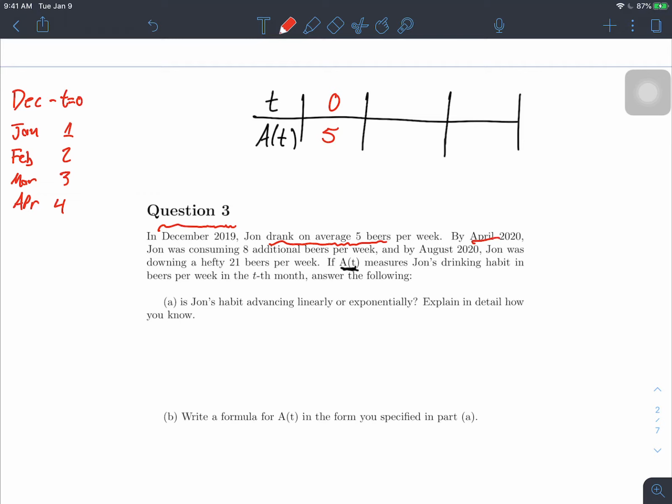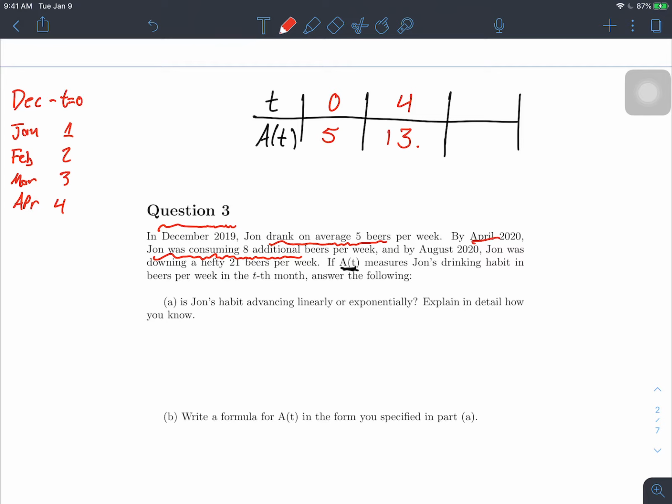So in April of 2020, John was consuming 8 additional beers per week. So t equals 4. If I started drinking 5 beers per week and then later on I'm drinking 8 additional beers per week, then the amount of beers per week that John is drinking in this month will be 5 plus 8, which is 13. Okay, so that's how I got that into the table.